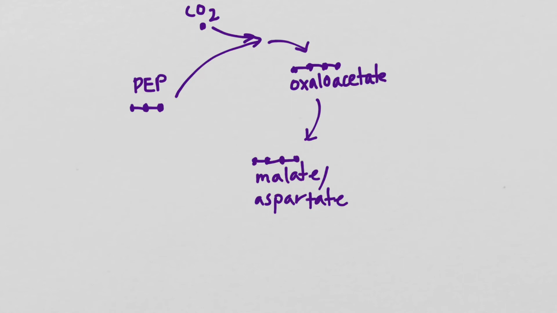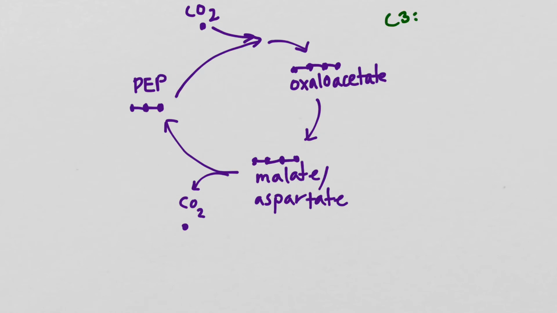We want to get back to our PEP and recycle that, but to get from this original 4-carbon molecule back to this 3-carbon molecule, we'll take one CO2 off to be used. And then that brings us back to the 3-carbon PEP that's recycled, and it can continue to do this cycle.